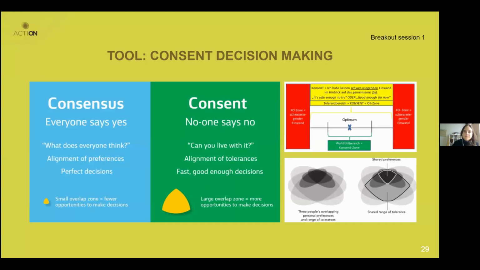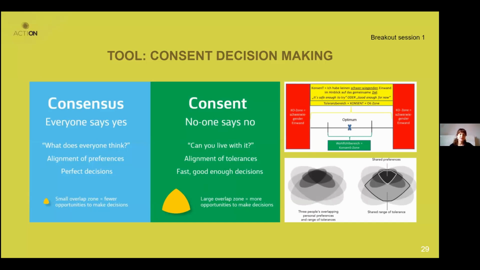And now that we heard about Open Soil Atlas and how we work together in circles, we will learn another tool. This consent decision-making tool allows us to integrate feedback when making a decision inside of the teams or also between the different circles.